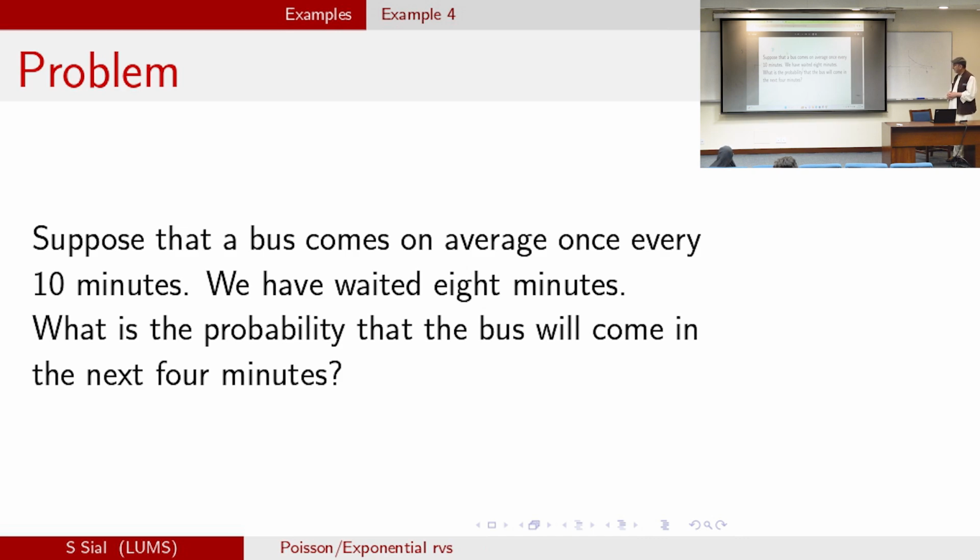I've waited 8 minutes. What's the probability that the bus will come in the next 4 minutes? That's a conditional probability, so let's be a little bit careful with that.